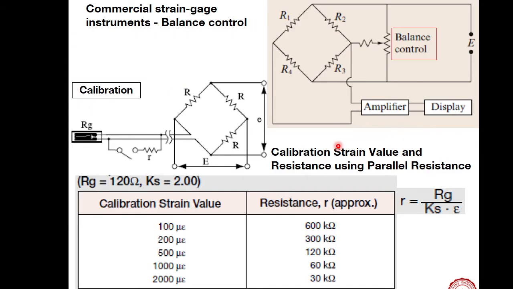To make all the resistance values equal, there will be some variation somehow, whatever be the thing. There is another resistor which is called balance control. So by this arrangement, what is done? The initial zero balance is obtained.